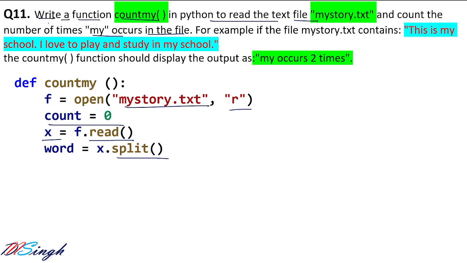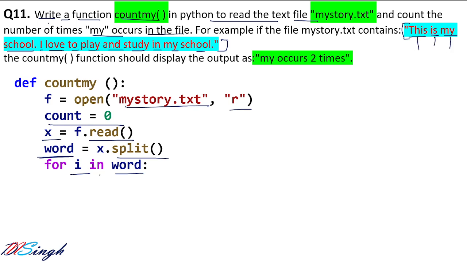Wherever a space is present, like this is a different element, is a different element, my is a different element, school is a different element, in the sentence I love to play and study in my school. Like that, you have different elements, in the form of a list. This is the output of the split function, stored inside words. Now your job is to iterate over those words: for i in words, and i will take the values one by one.